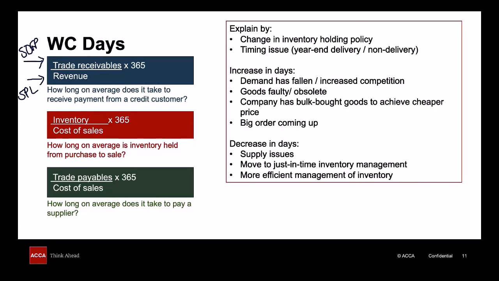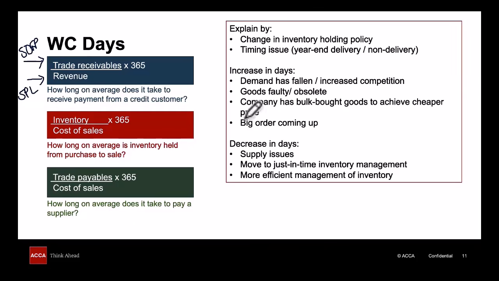So up at the top there, I've just got the general what could explain a movement up or down. But if we look at the increase in days and the decrease in days, initially, it's very natural to think an increase in inventory days is really bad. It means that there's a lot less cash in the business, for example. There could be stock hanging around which is old.